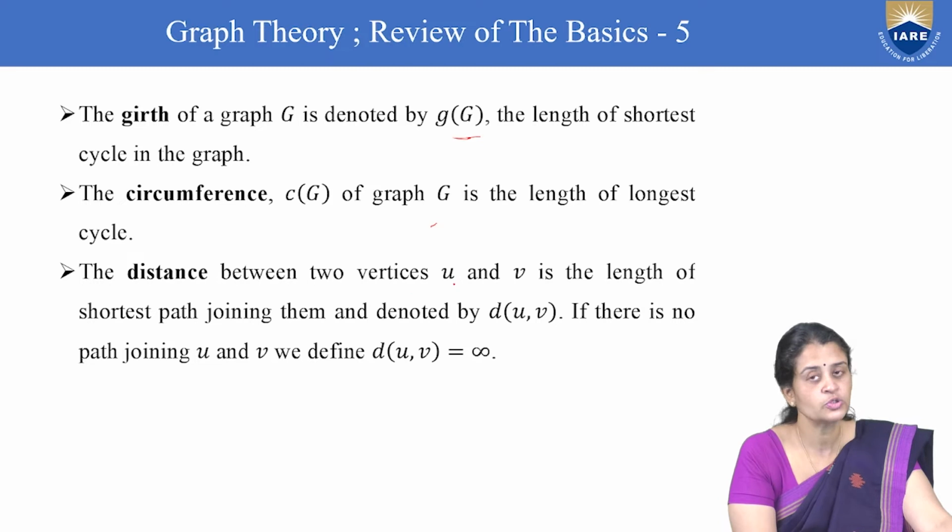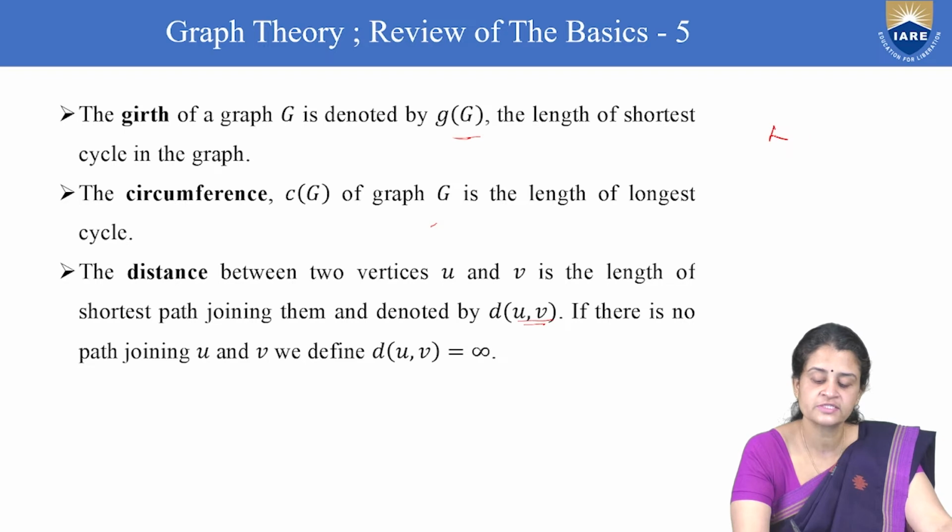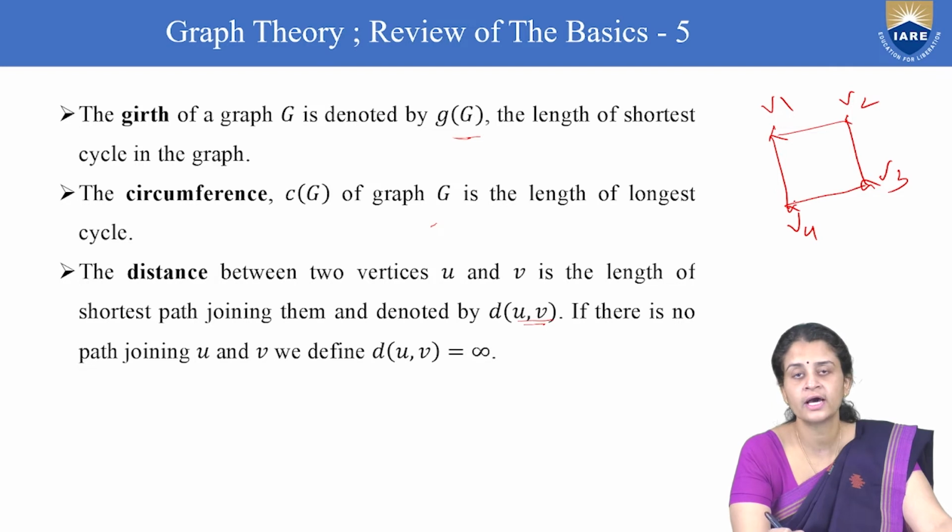And now the distance between two vertices U and V is the length of the shortest path joining U and V, denoted by d of UV. Considering V1, V2, V3, V4, from V1 to V4 I have two different paths, right? I can go directly from V1 to V4, and I can also go V1, V2, V3, V4.